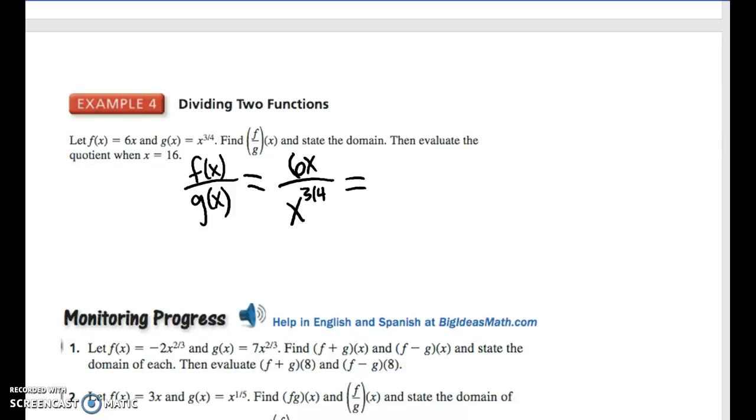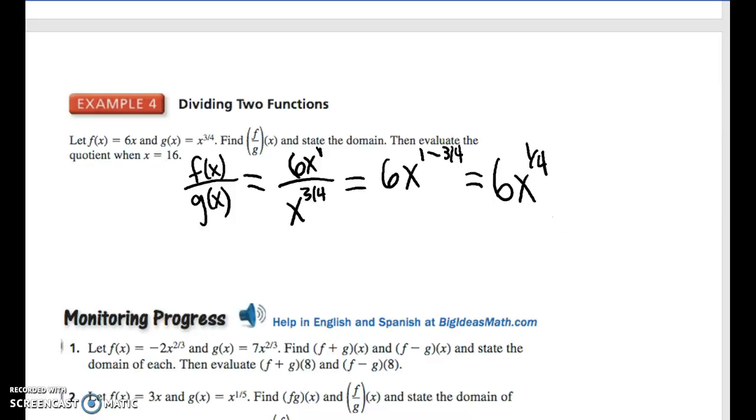And we can simplify this by making this exponent a 1 and subtracting the 1 minus 3/4. So if we do 6x to the 1 minus 3/4, 1 minus 3/4 is just 1/4. So we get 6x to the 1/4 power.